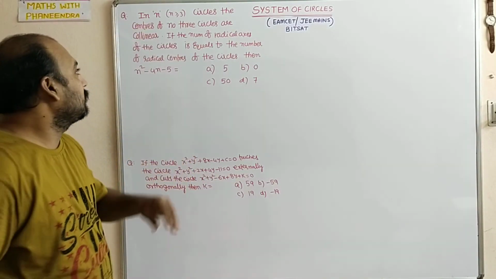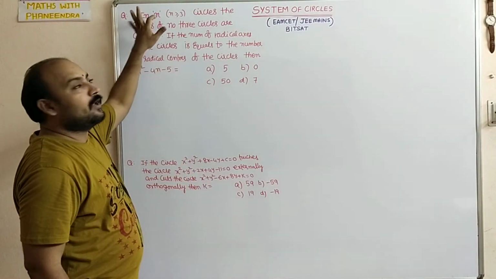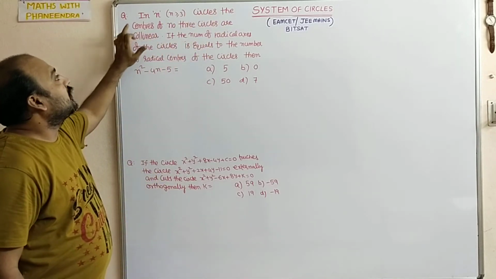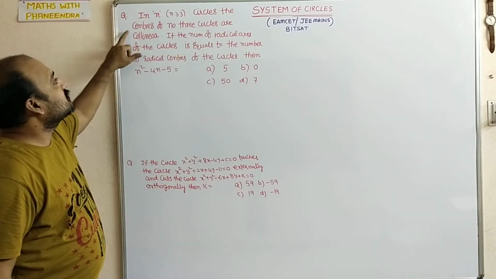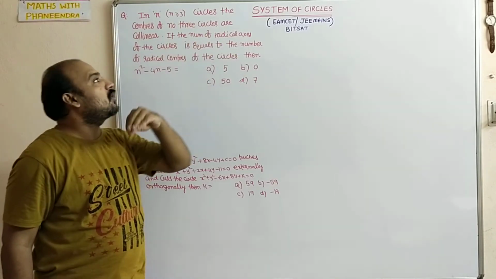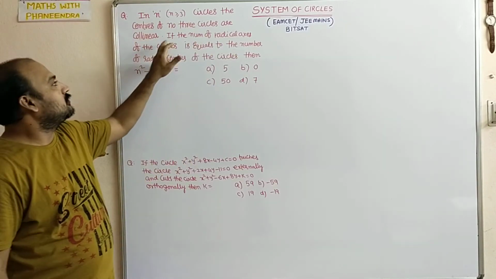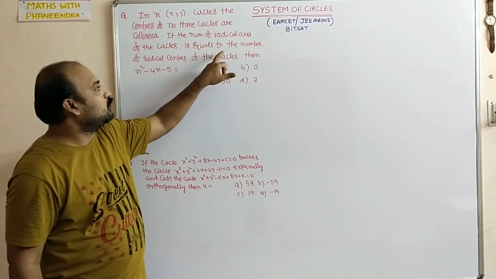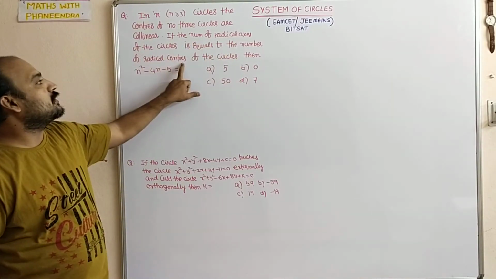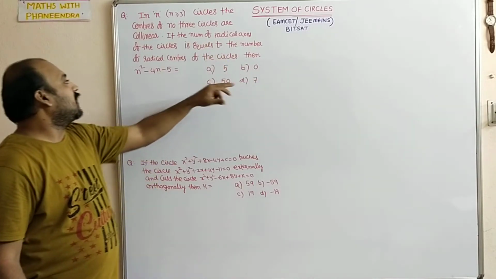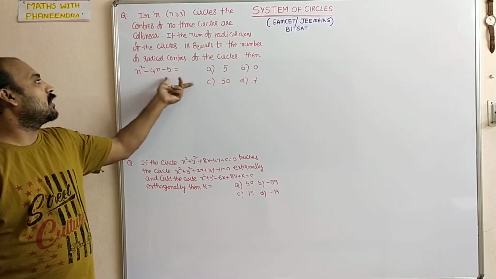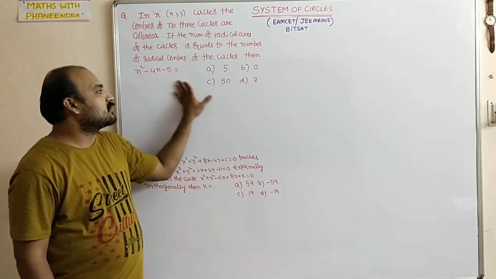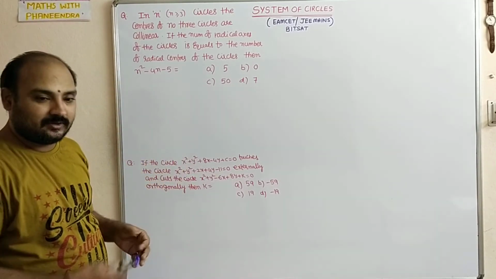The next question: if n is greater than or equal to 3 circles, the centers of no 3 circles are collinear, and the number of radical axes of the circles is equal to the number of radical centers of the circles, then find the value of n square minus 4n minus 5. First we need to calculate n.